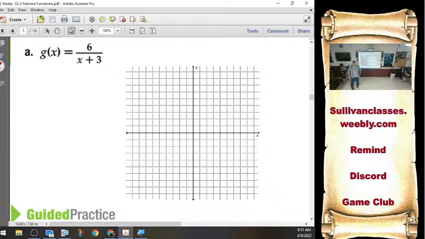Start with, find your vertical asymptotes if there are any. Are there any? Set denominator equal to 0. And label it, x equals -3 is my vertical asymptote.